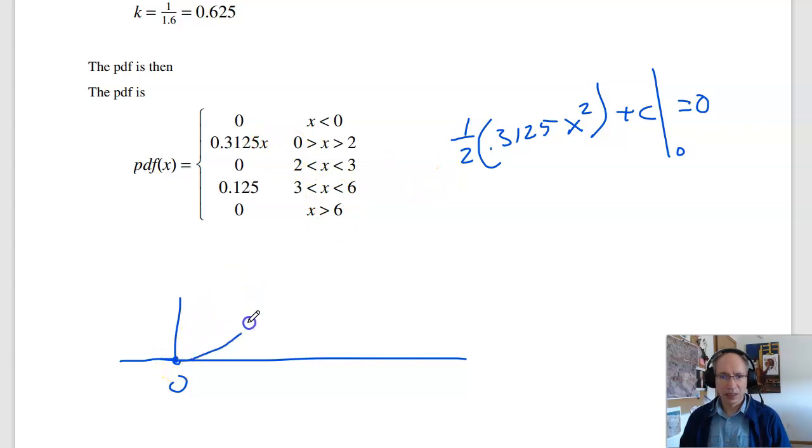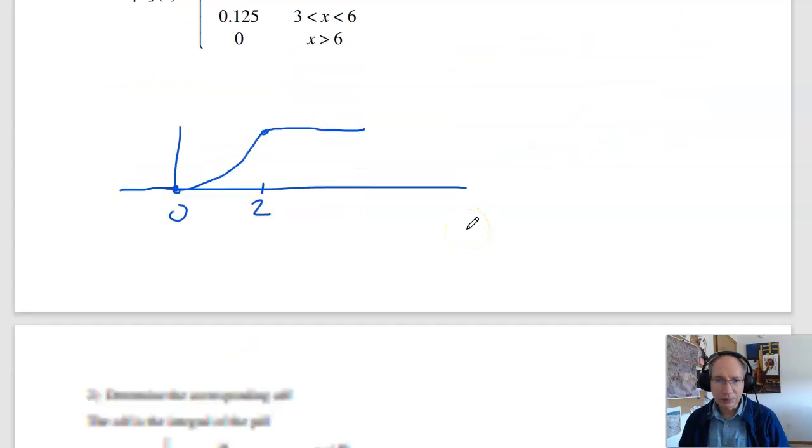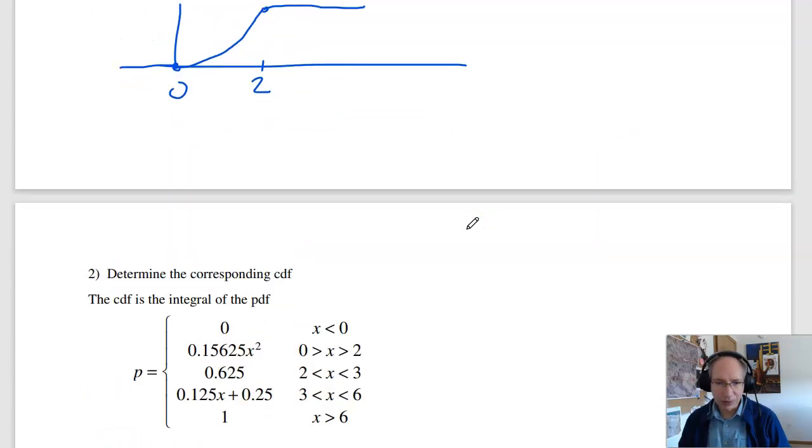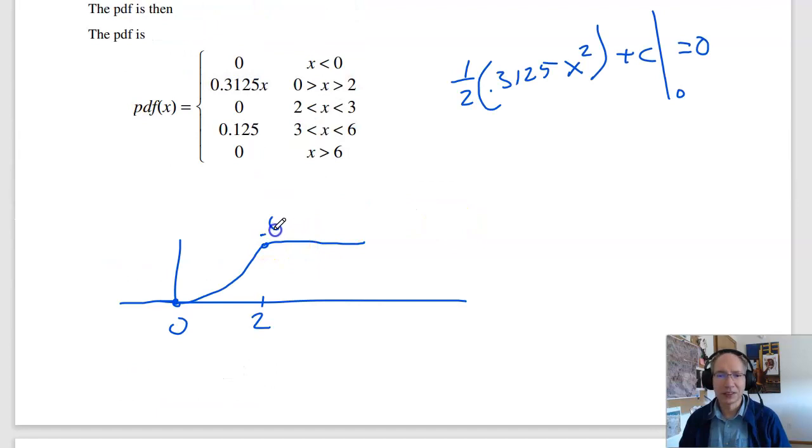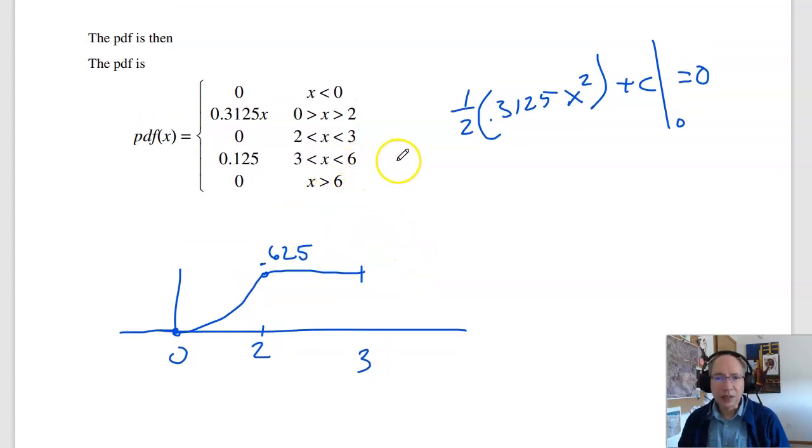And that takes you to here, to 2. The integral of 0 is a constant, and it's got to match up right here. So if I plug in 2 in the previous part, 2 becomes 4. Let's cheat. Becomes 0.625. That's the constant between 2 and 3. And now the integral of 0.125 is 0.125x plus a constant.